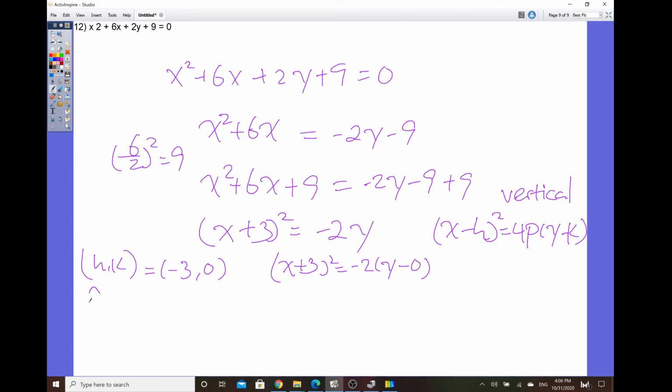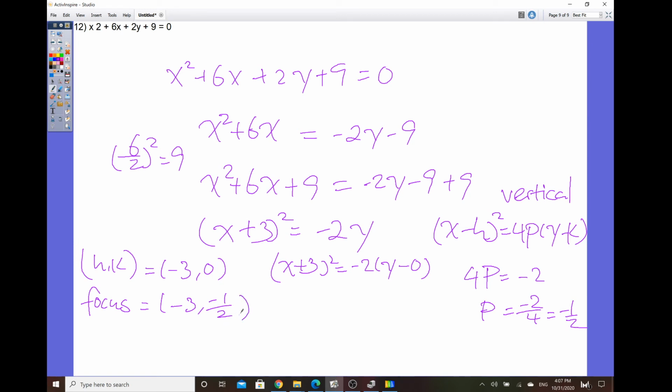And then for the focus, let's find the value of p here. 4p equals negative 2, so p equals negative 2 over 4, which is negative 1/2. For the focus, it's a vertical parabola, so the focus would be negative 3 comma negative 1/2.